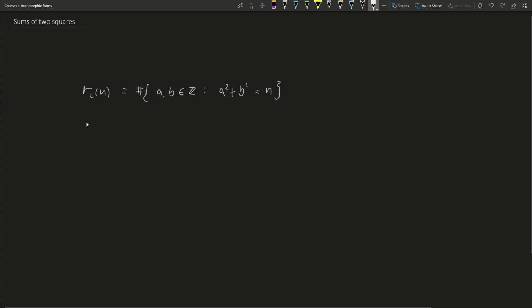So, in other words, r2 of n is the number of ways to represent n as a sum of two squares.